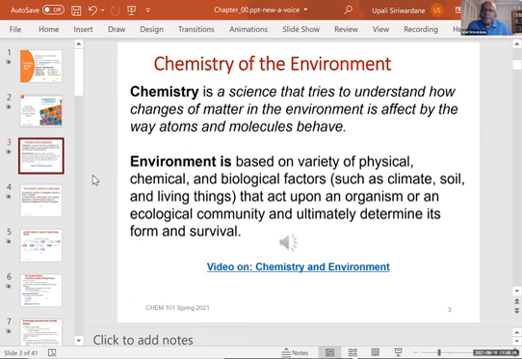Chemistry is a science that tries to understand how changes of matter take place. So we apply this knowledge to discuss changes in the environment and to come up with solutions using models of atoms and molecules and how they behave.